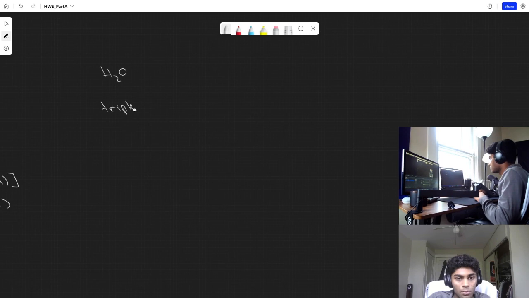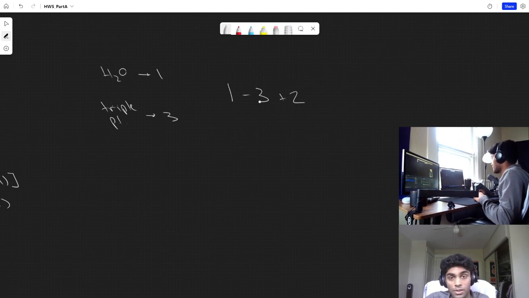At the triple point, of course, we're going to have 3 phases, and we have one component, which is just pure water. So if we apply Gibbs phase rule, we have one component minus 3 phases plus 2. So 1 minus 3 is negative 2, plus 2, and that's just equal to 0. So we have 0 degrees of freedom.